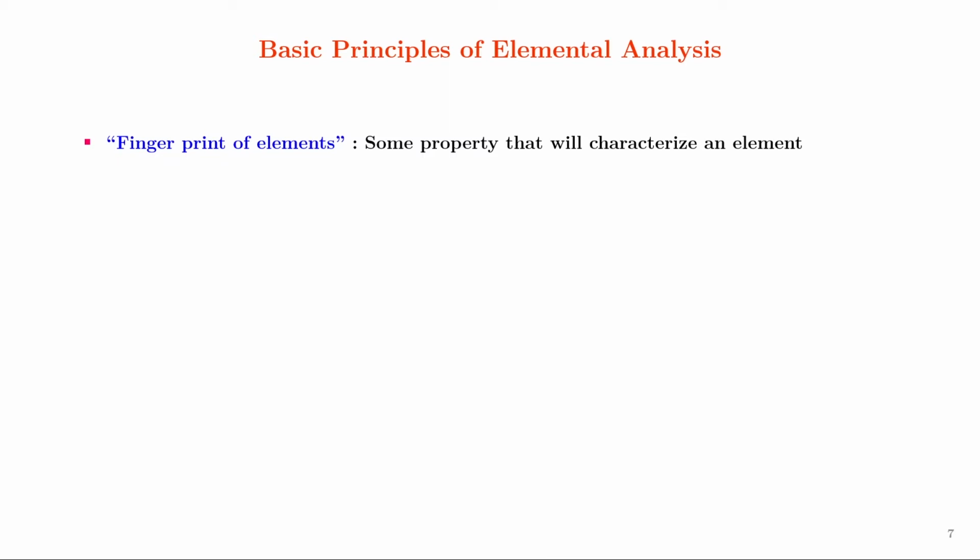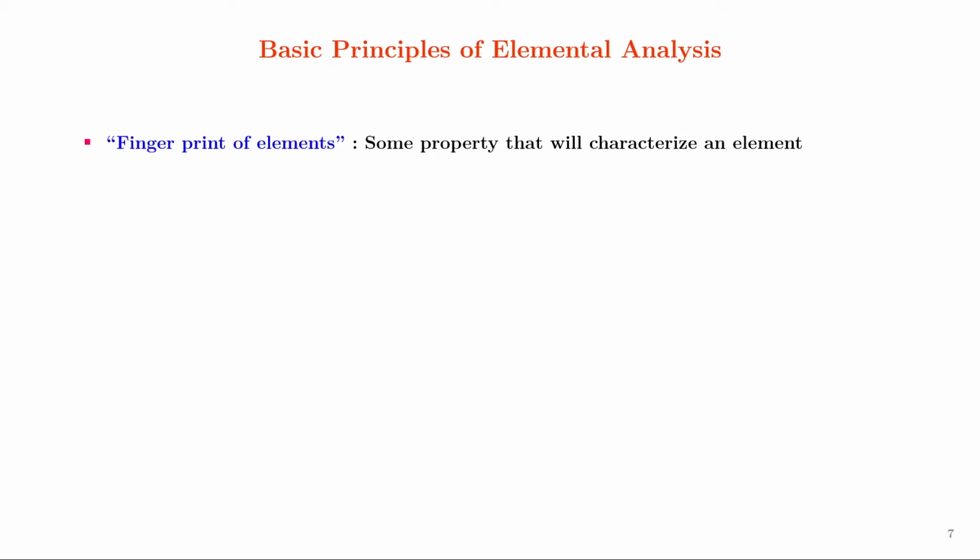It should be possible to distinguish between various elements on the basis of this property. Usually, it is some measure of the property which will characterize the element. This forms the qualitative part of the technique. It should also be possible to define an intensity of the property which should be proportional to the quantity of the element in the sample.